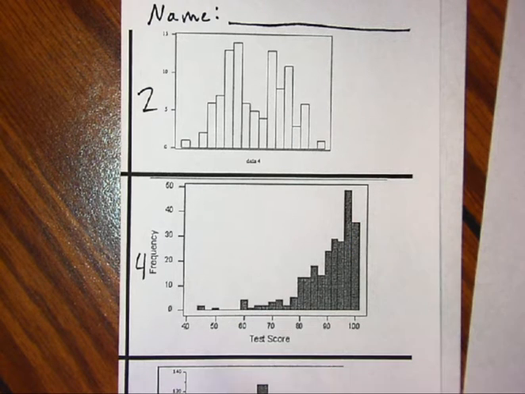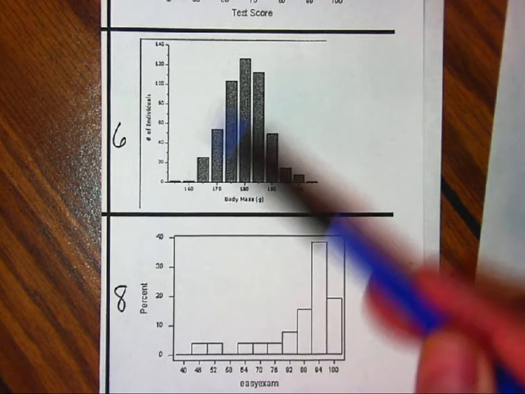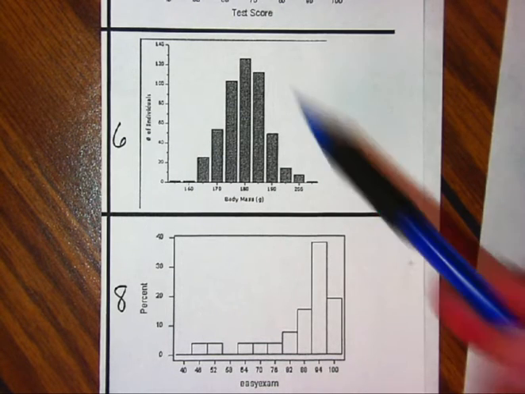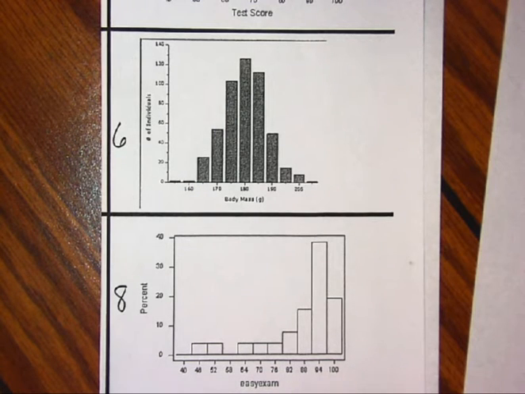Because the tail is on the left, we'll say that that is skewed left. If we look at a couple more graphs, number 6 here, this graph is symmetric. Now again, it's not exactly symmetric, but it's pretty close to that, so that's what we mean when we say symmetric. And this graph here, again, would probably be considered skewed left, because the tail is on the left-hand side.